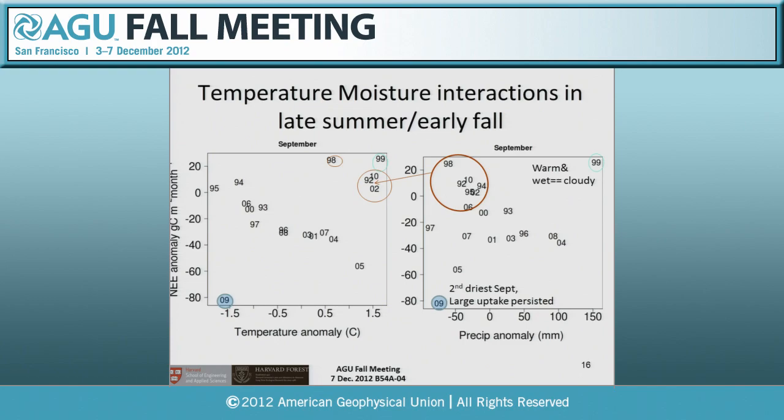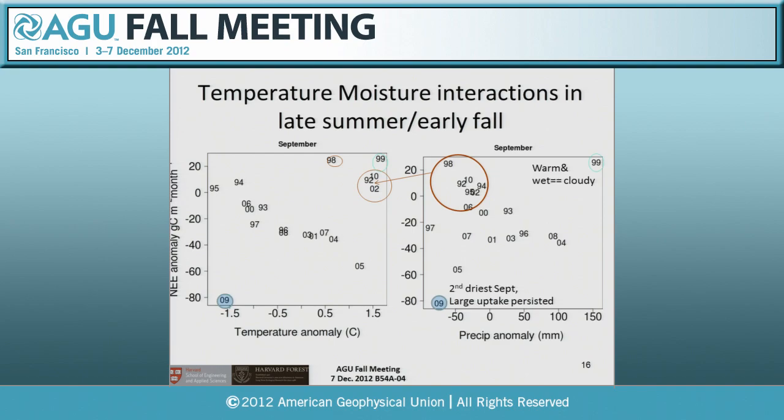And I want to point out that we have interactions between temperature and moisture. There's a weak September response of more uptake as it gets warmer, except for some periods where it's warm but dry. These are the same years, years where September was unusually dry, so it didn't matter that it was warm, the vegetation still started to senesce.